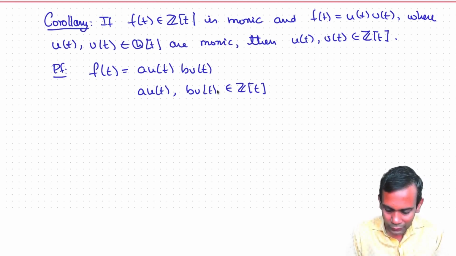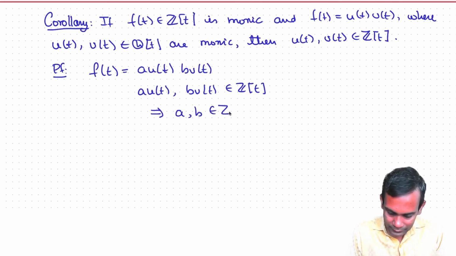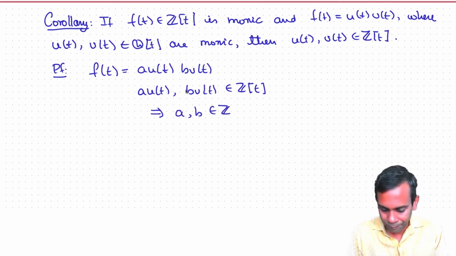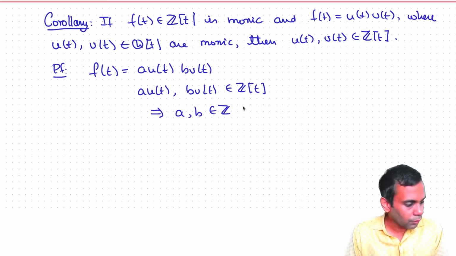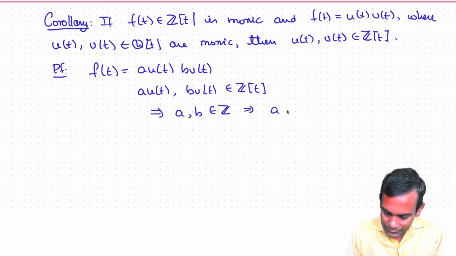The leading term of a u(t) and b v(t) must be equal to 1. So this implies that a and b are integers. Well, we know that a times b is 1, so this implies that a equals b equals 1.